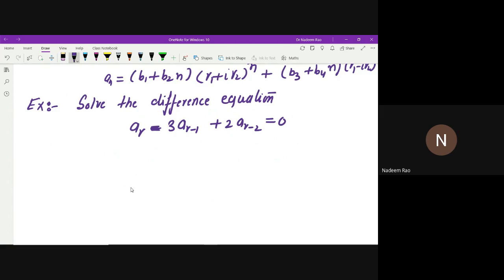So how will we find the solution? The solution is very simple.